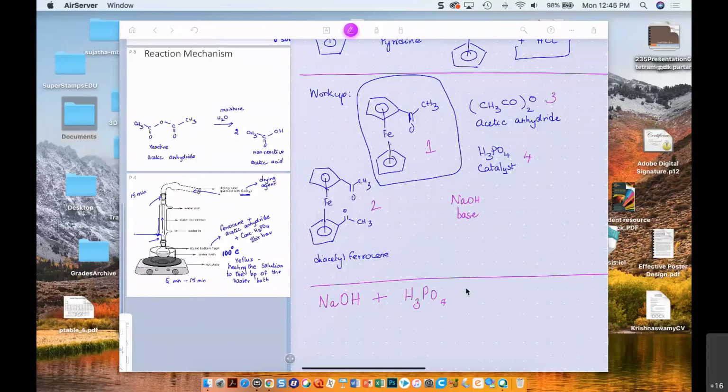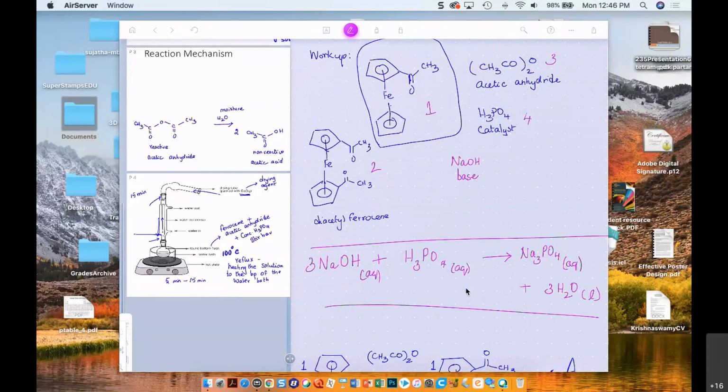So phosphoric acid is going to react. You're going to write 3 NaOH aq plus H3PO4 aq gives Na3PO4 aq plus 3H2O. So this is one way you can remove one of the side products. Your catalyst will be regenerated. You're going to add sodium hydroxide to take care of that phosphoric acid. So that's one way to remove the phosphoric acid from the reaction mixture.